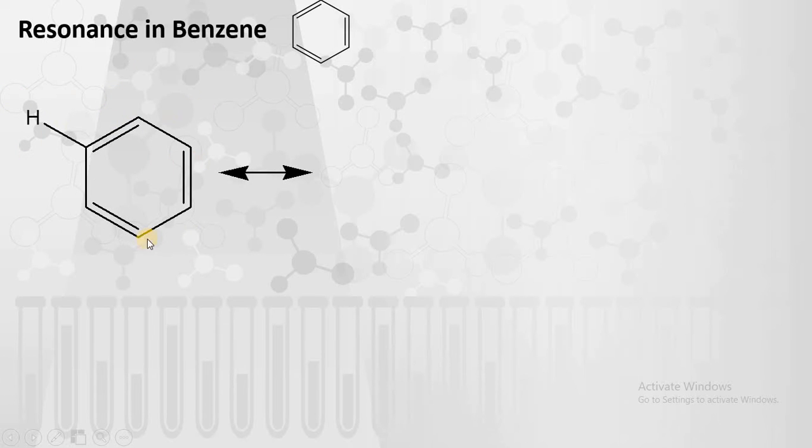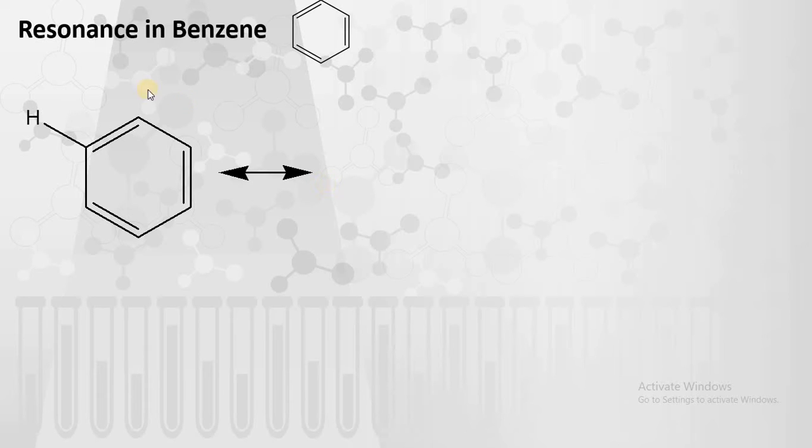So this is the structure of benzene, and whatever resonance structures we are going to explain here can be shown by this double-headed arrow. This double-headed arrow shows the two structures. Whichever two structures are there, they are in equilibrium with each other, or they are similar to each other.